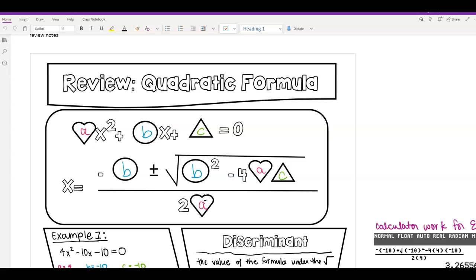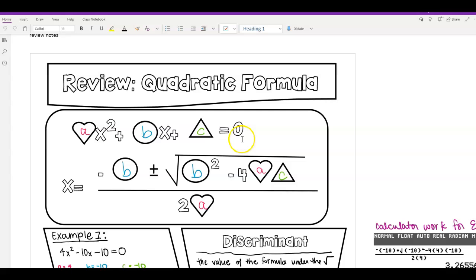Feel free to search YouTube quadratic formula song and see if you can find some of those if you need help remembering them. So once you're in this standard form, ax squared plus bx plus c equals 0, you can then use the quadratic formula to help you find the two solutions, one with the plus, one with the minus, for that particular quadratic equation. So let's take a look at a couple of examples.